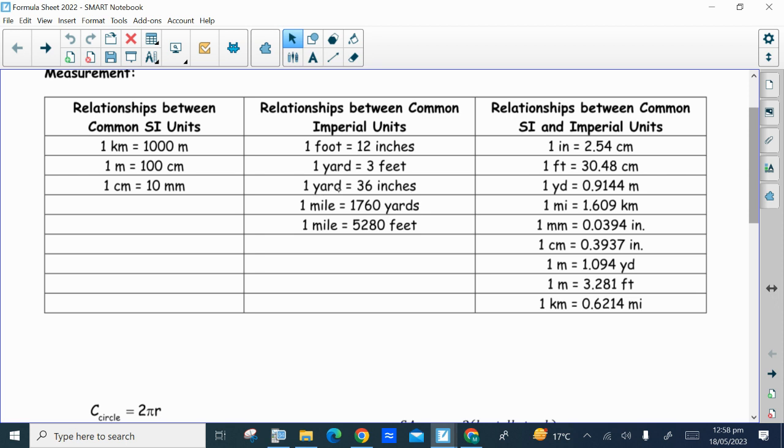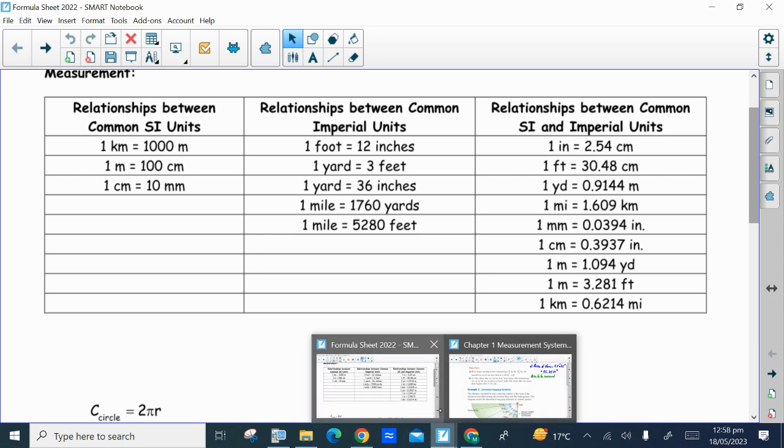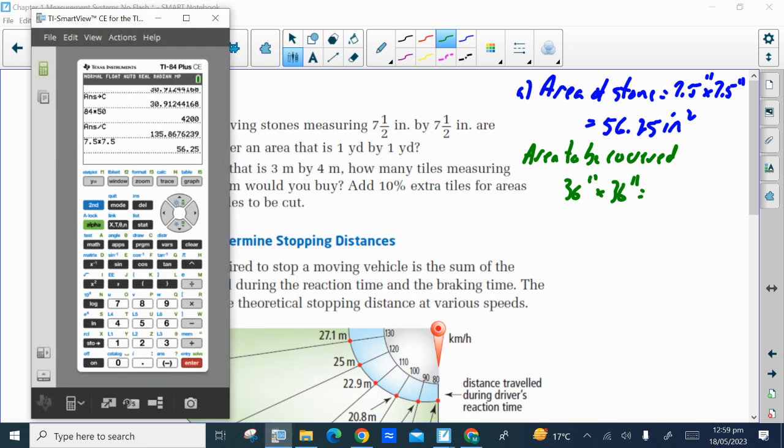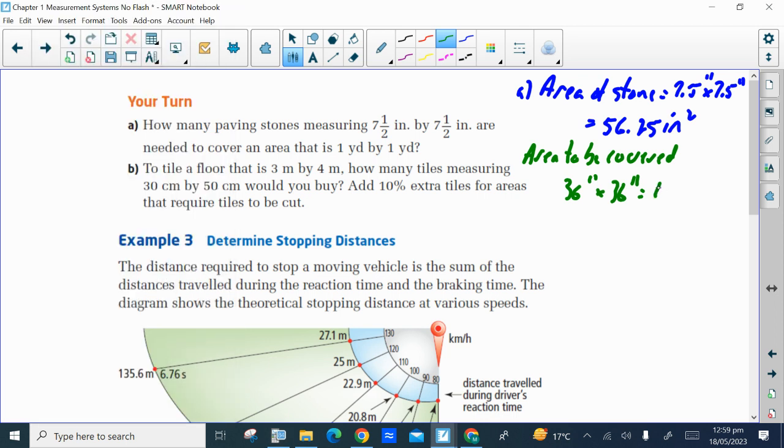So if it's 1 yard by 1 yard, that's the same as 36 inches by 36 inches. So this will be 36 inches by 36 inches. We'll multiply those together. First, I'll store that last number into memory slot A. And then I'll go 36 times 36, which is 1,296 square inches.